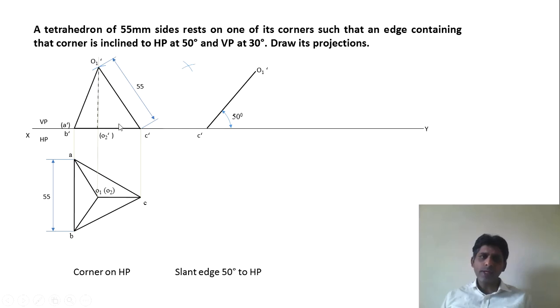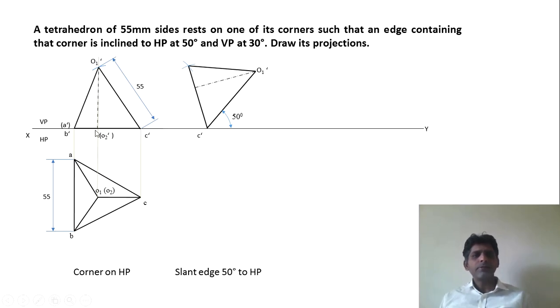Measure C dash O1 dash from this view and mark it here. Then measure C dash A dash B dash and mark one arc. Then measure O1 dash A dash B dash, and from O1 dash mark another arc. Wherever these two arcs intersect, you will get one point. That point is A dash B dash, and you join these two lines to get this view.